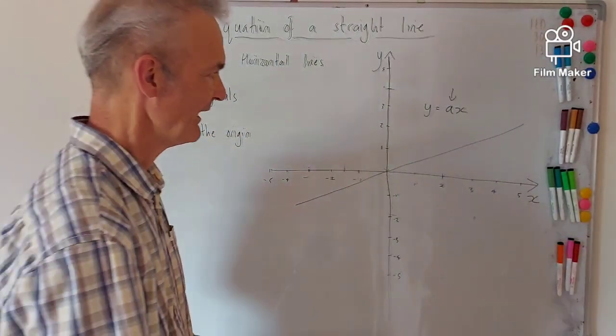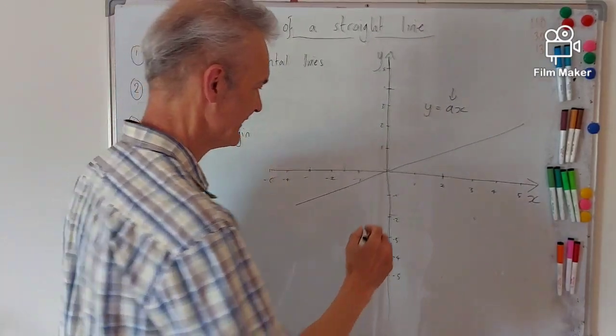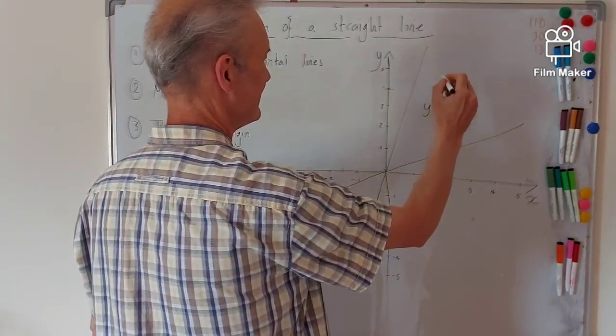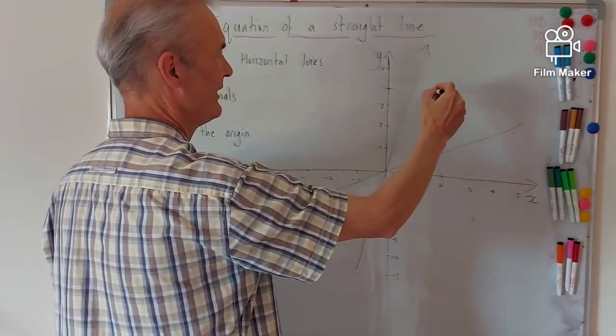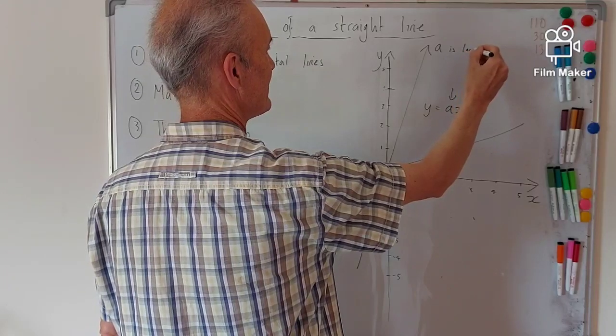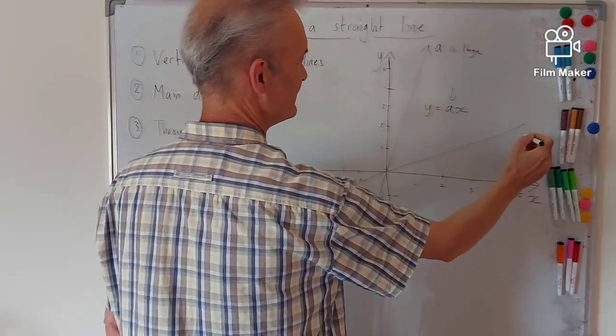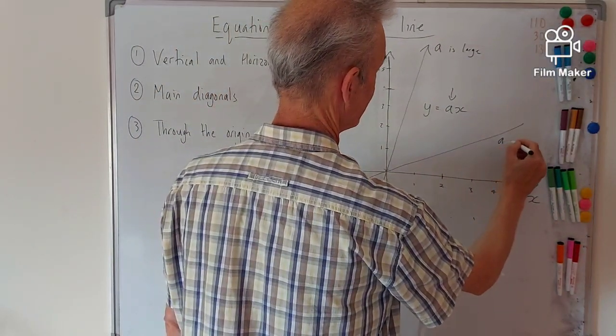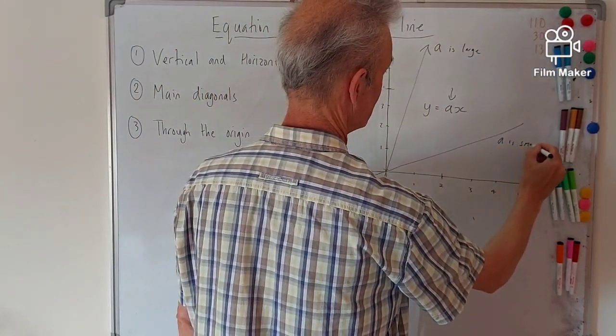Now what you usually get, if you get a very steep line, like for example this one I'm putting in here, this line here, then a is going to be large, and on this one, if it's below 45 degrees, a is going to be small.